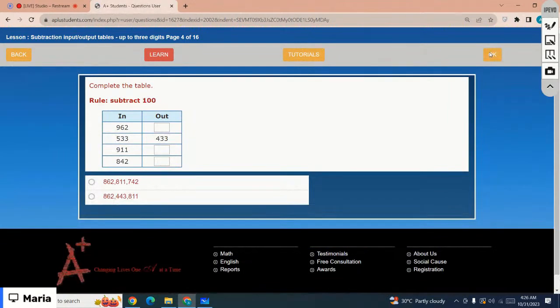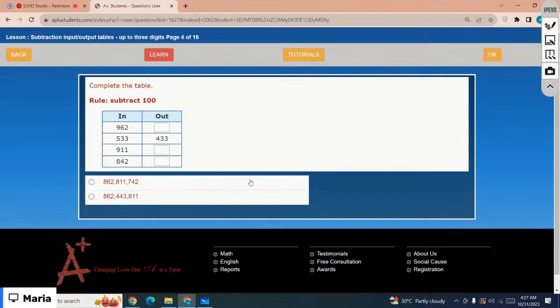Okay, complete the table, subtract 100. So which is the correct option? The correct option is option number 1, that is 862, 811, and 742.